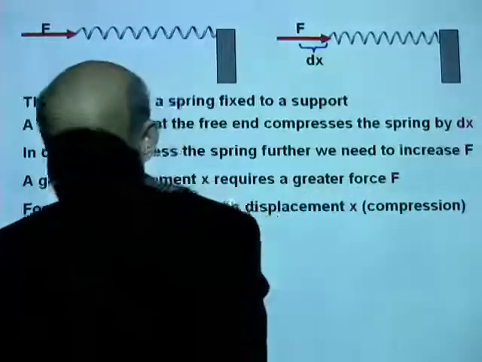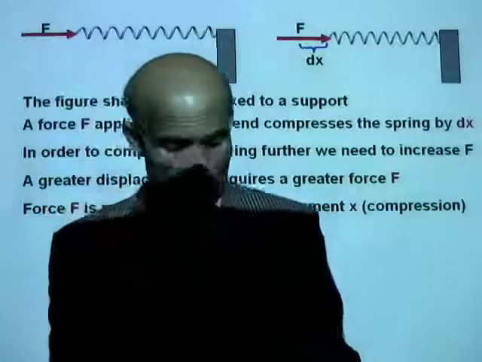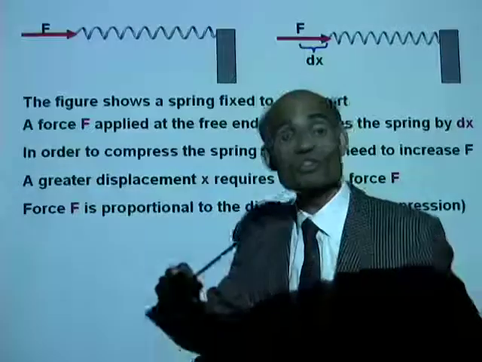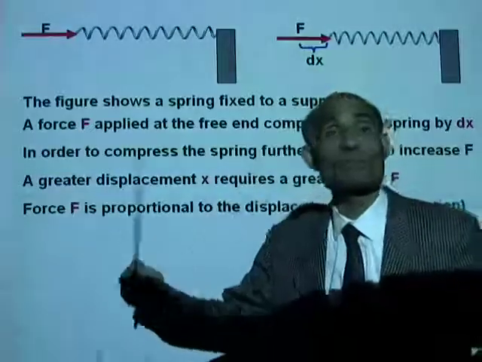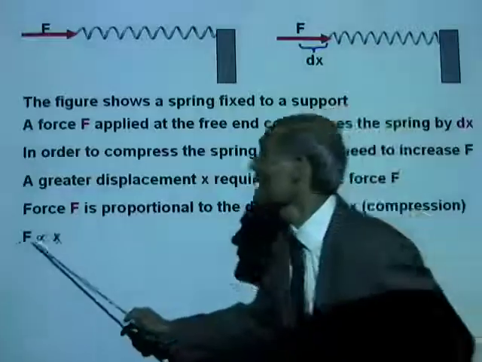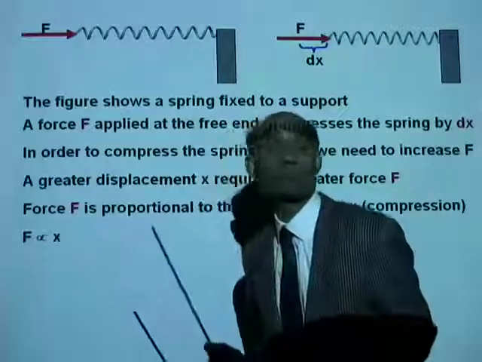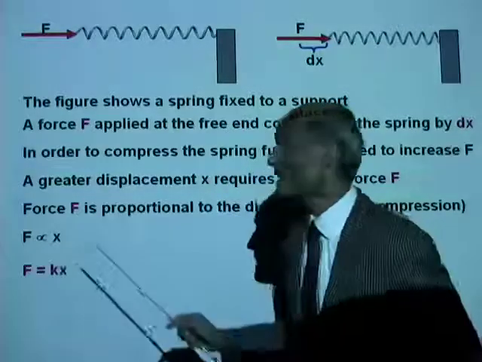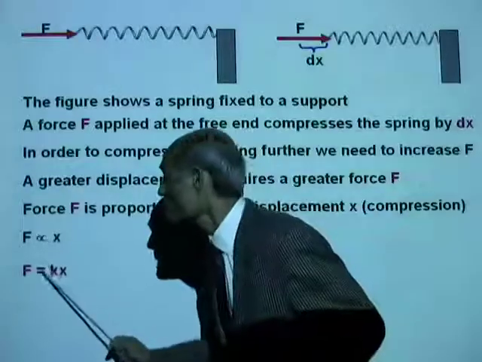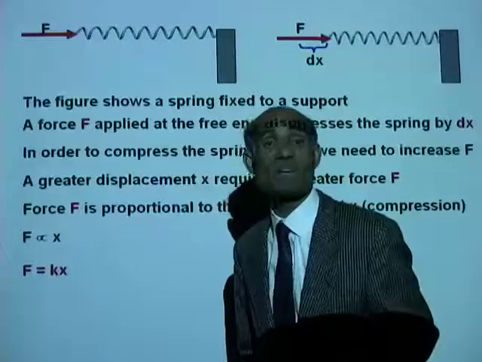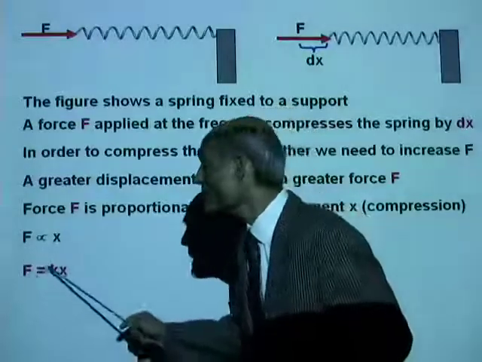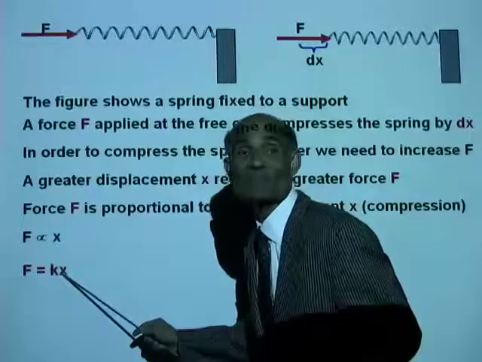Now, how do you write that mathematically? The stretching force is directly proportional to the displacement. F is directly proportional to x. And the proportional sign can now be replaced by an equal sign. F equal to kx.